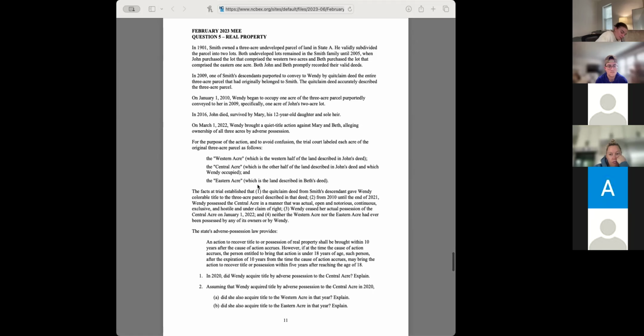So what I'm going to do is label my lots on my diagram: central, western, and eastern.